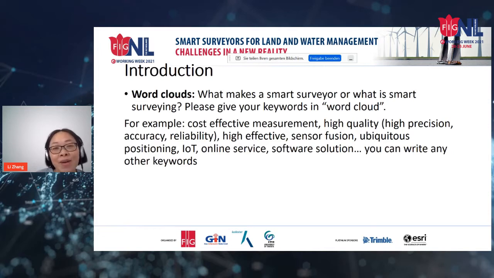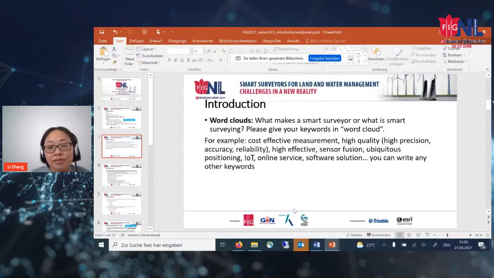For example, you can write something like cost-effective measurement, positioning, high-quality measurements, high-effective sensor fusion, ubiquitous positioning, Internet of Things, online services, software solutions. You can write any other keywords. What do you think makes smart surveying?